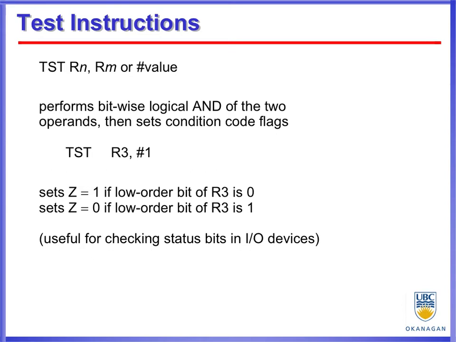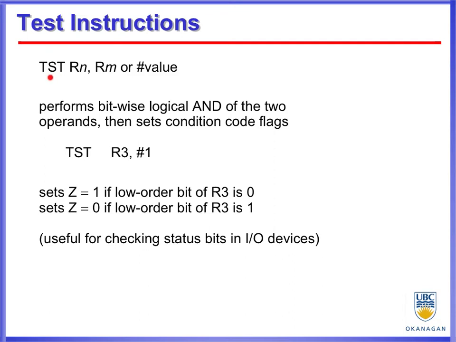If it's been set to a 1, the CPU will know there's new data waiting for me in the keyboard, I'm going to go get it. If it's set to a 0, the CPU says there's still no new data, I'll try again later. So that's an example of where we want to test an individual bit in a word or in a register.